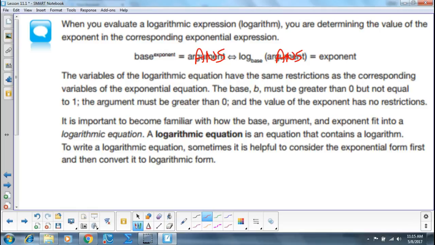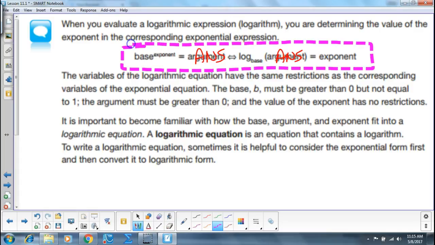Okay? You solve them by using the other form. So knowing this up here, which we told you last week to memorize, is going to be extremely helpful starting today. Which is why last week we told you to memorize it.